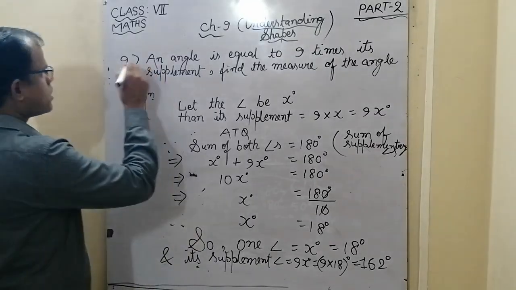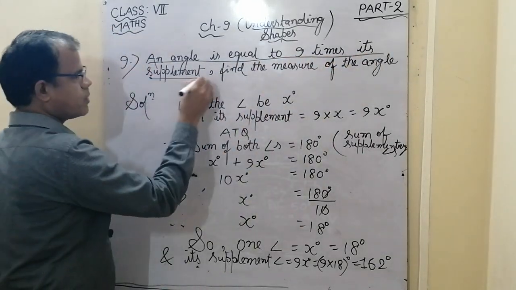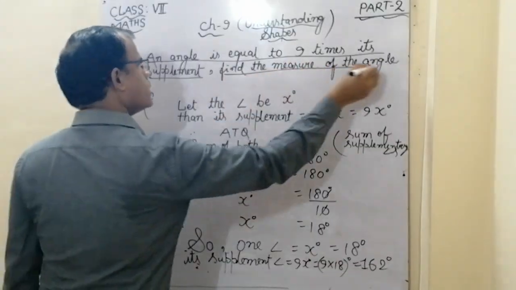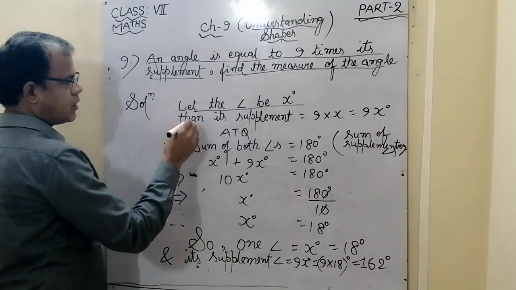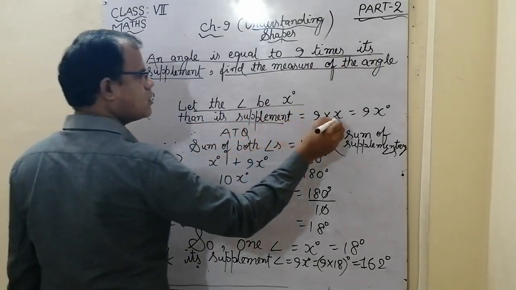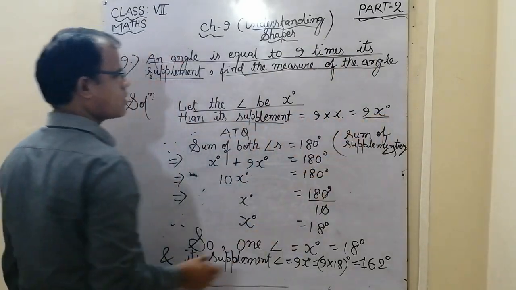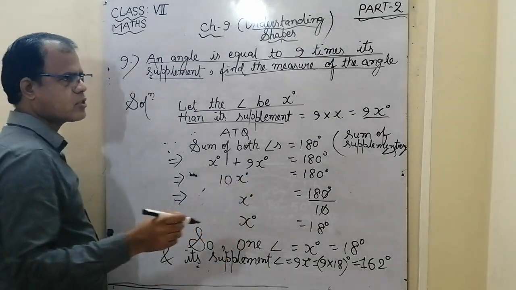Yes, student, question number 9. An angle is equal to 9 times its supplement. Find the measure of the angle. So let the angle be x, and its supplement is 9 times, meaning 9 into x, that is 9x. As we all know, the sum of supplementary angles is 180 degrees.